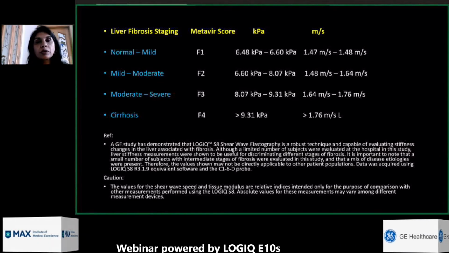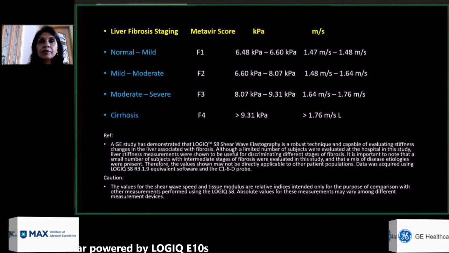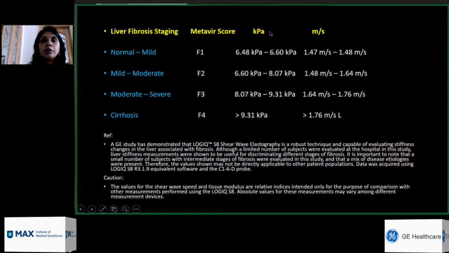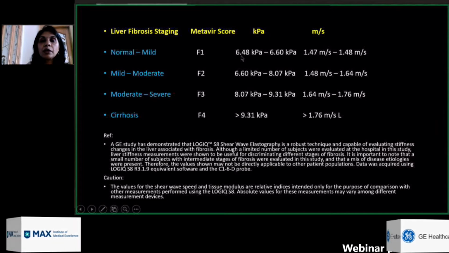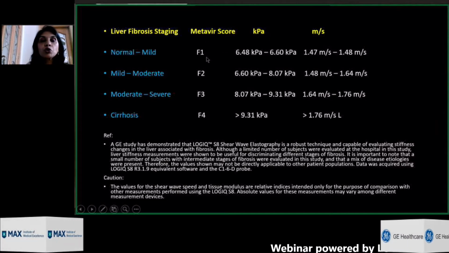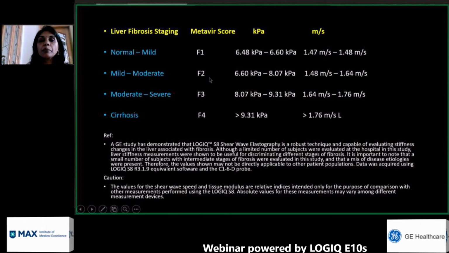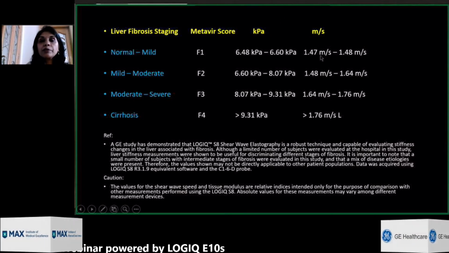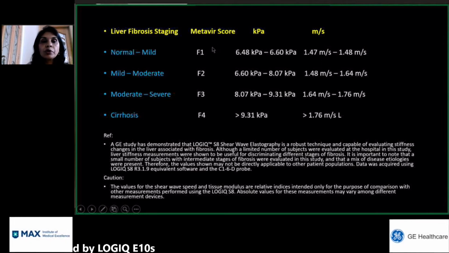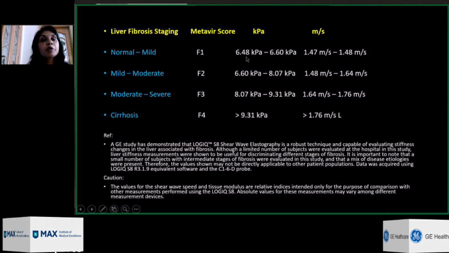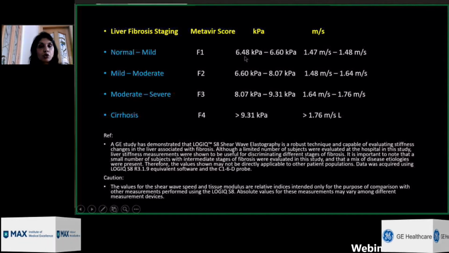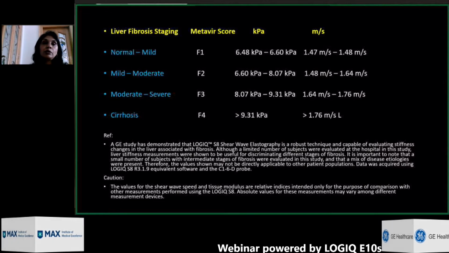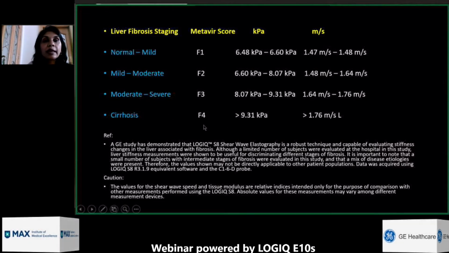It's a 4-stage system where the liver stiffness measurements present a continuous range of values with some overlaps in Young's modulus that's given in kPa, and you have the values against which you have the fibrosis grading going from F1 to F4, and also the velocities which are given in meters per second. So here you can see that if it's less than 6.48 kPa, we are in the F0 zone, but if it rises to greater than 9.31, then of course we are talking of cirrhosis and F4.